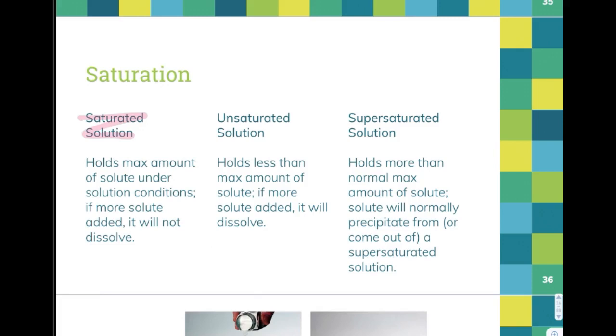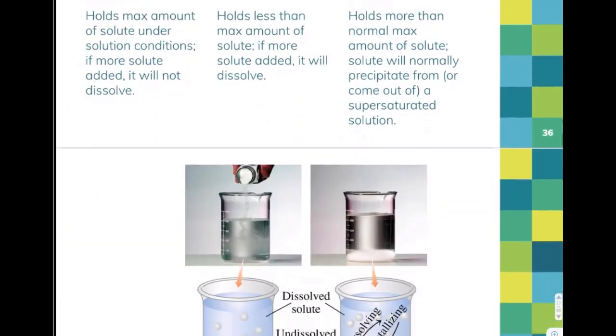It will just go to the bottom of the container. If you have an unsaturated solution, you don't have as much as you could possibly have. If you add more, it'll just dissolve. And if you have a supersaturated solution, then you are currently holding more than you can, and it is very easy for it to come out of solution.